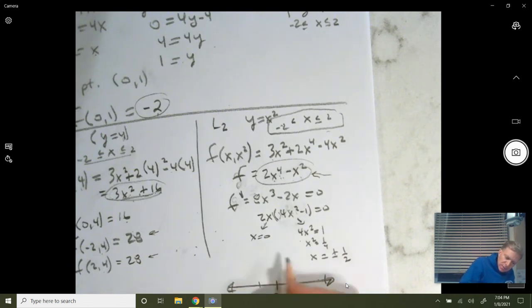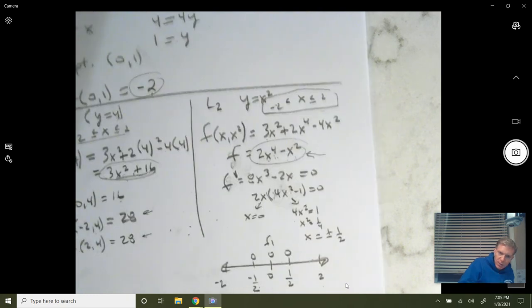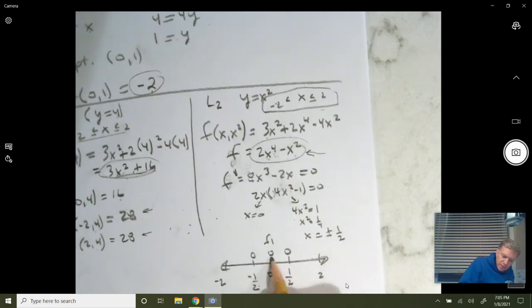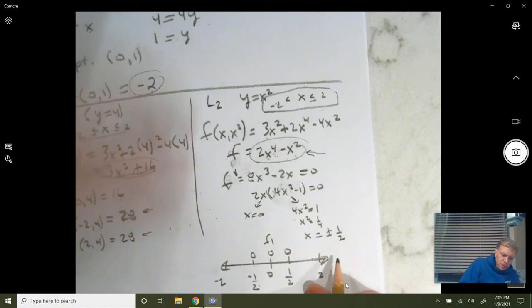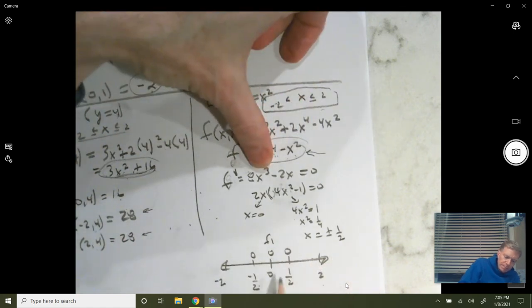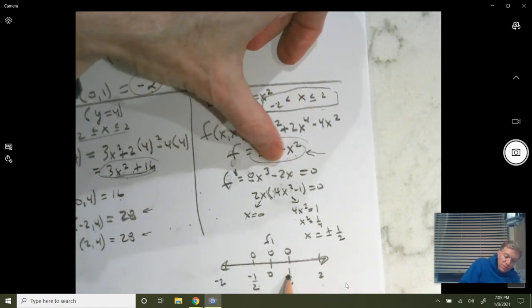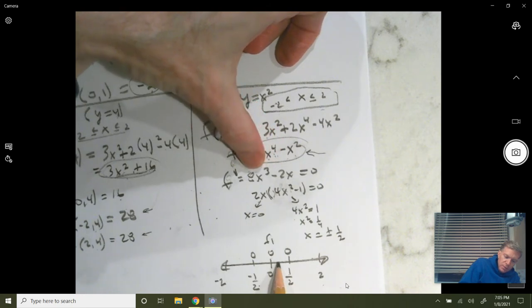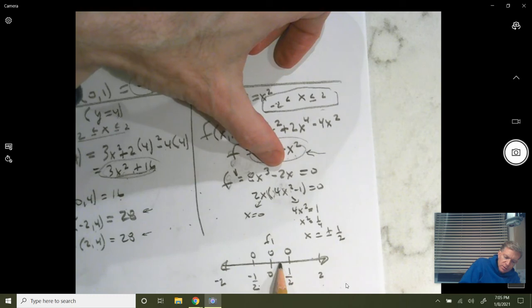If f prime is 0 here, here, and here, is f prime going to be positive or negative on these intervals? So f prime, let's say when x is 1/4, 8 times 1/4 cubed minus 2 times 1/4.